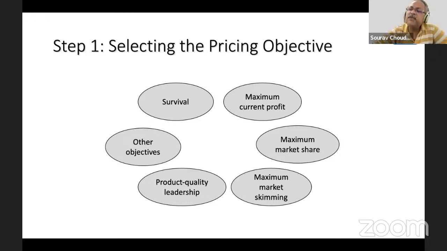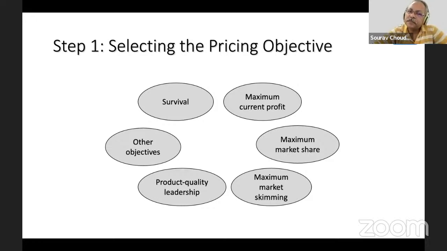Their image is for innovation. And there are customers who will pay for that innovation, that quality, that technology. So that product demands a higher price, and that's called product quality leadership. A BMW, an Audi, a Mercedes demands a product quality leadership price.